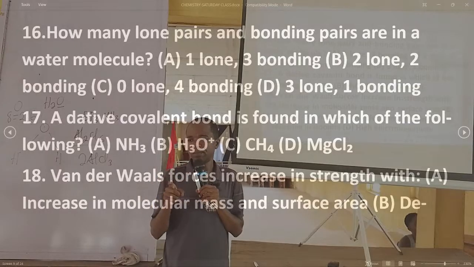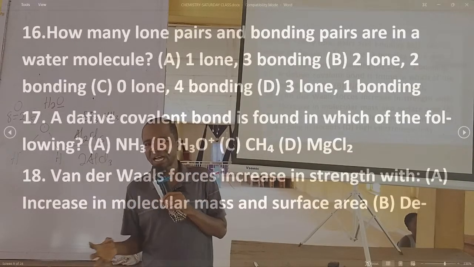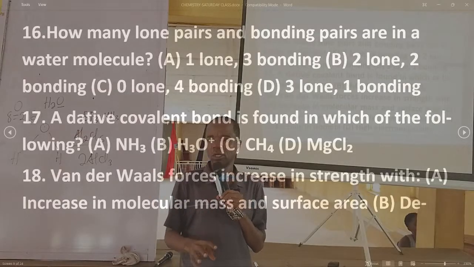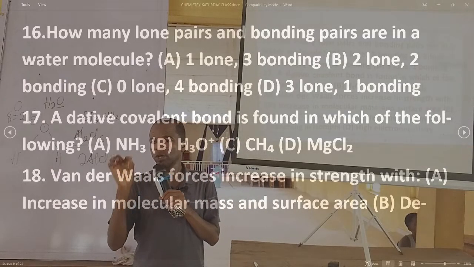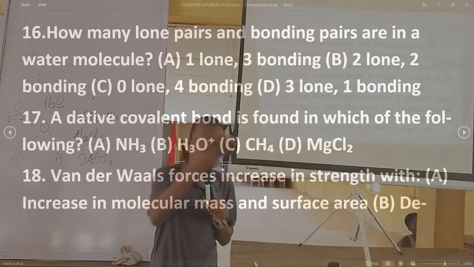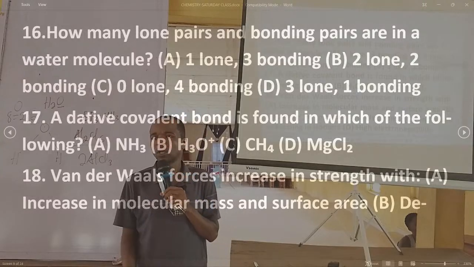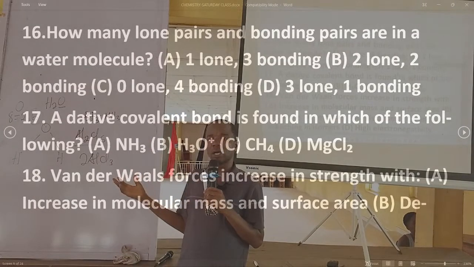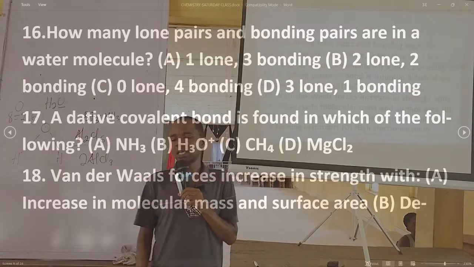And remember, before any substance can undergo dative bonding, one of them must be a Lewis base. What's a Lewis base? A Lewis base is a substance that possesses a lone pair of electrons, so it must be able to donate a lone pair to another substance. Ammonia is a Lewis base, but ammonia on its own does not possess a dative bond.